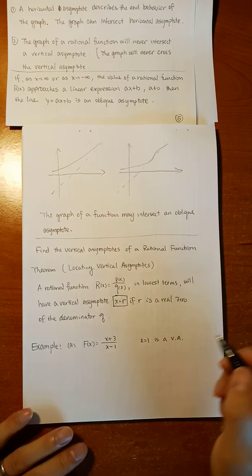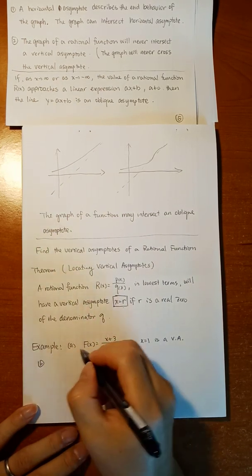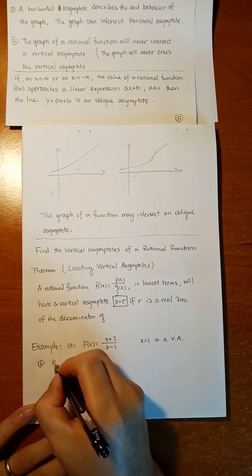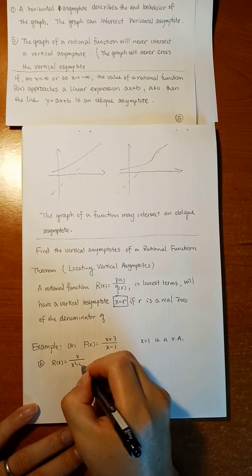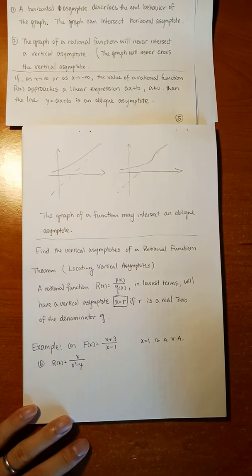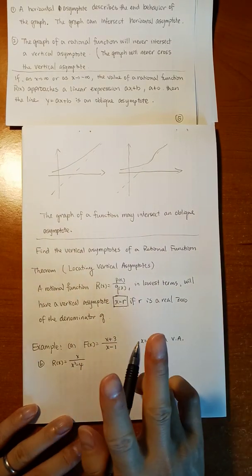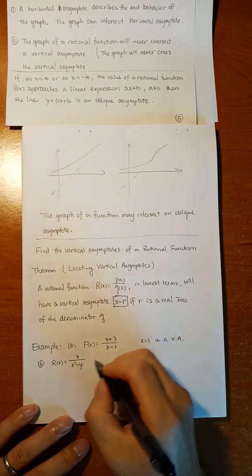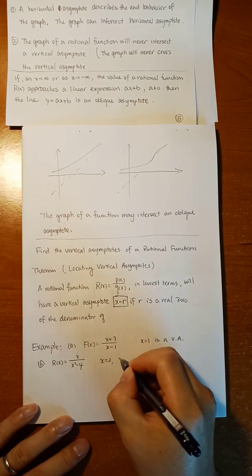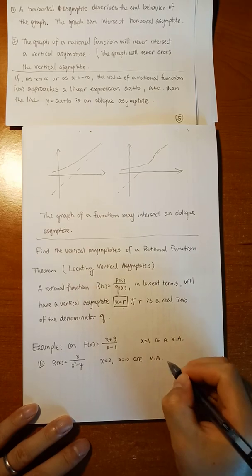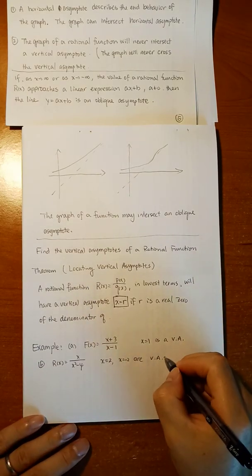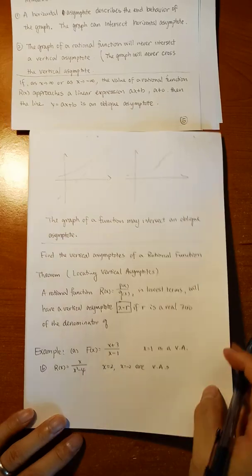And b, r of x is equal to x over x squared minus 4. X squared minus 4 has two solutions, 2 and negative 2. So x equal to 2 and x equal to negative 2 are vertical asymptotes.